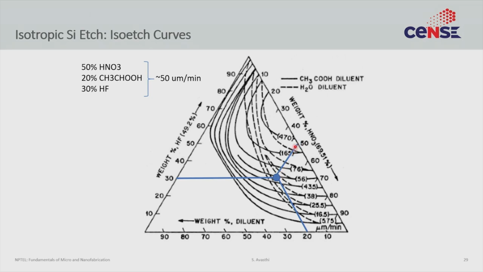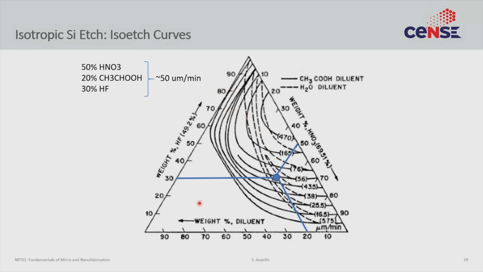So that is this line. Then you draw a line for the 20% acetic acid, which is this line. And then you draw a line for 30% hydrofluoric acid, which is this line. And if this iso-etch curve is well made, which this one is, all these 3 lines meet at a point. This composition is represented on this graph exactly at this point.